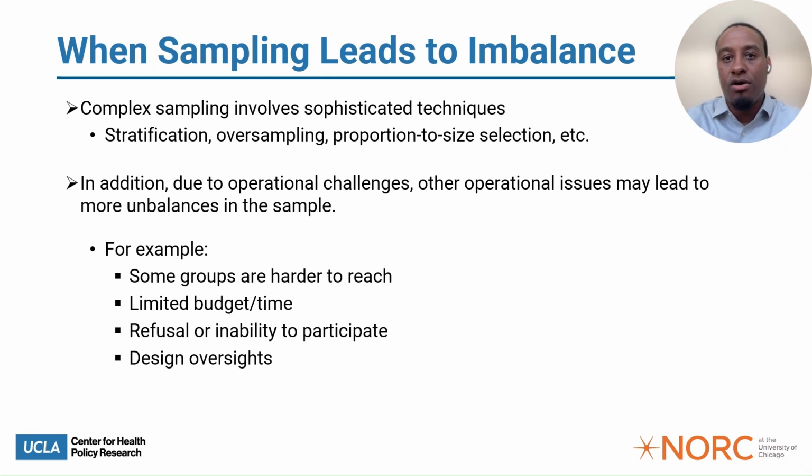The refusal or participation ability of the participants may be higher in some groups relative to others, leading also to imbalances. All these situations are possible causes of further imbalances in our sample that we may address with sample weighting.